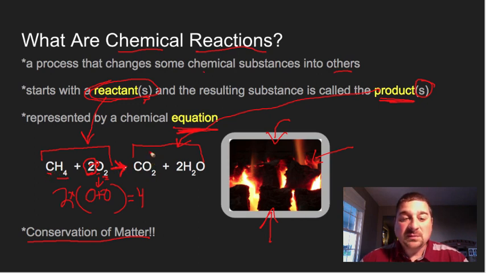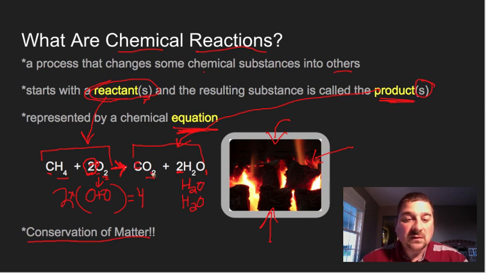If you look at what's produced on this side, here's our 1 carbon. We have 2 oxygens here. You say, well, we only have 1 here. If there's nothing there, it's like a 1. Well, look, there's a coefficient of 2 saying that there's 2 water molecules. So you have H2O and H2O. How many oxygens is that? 1, 2.